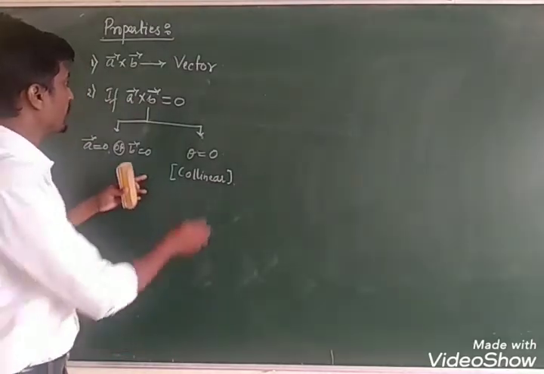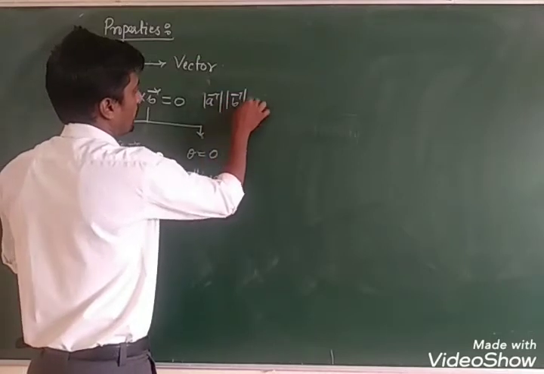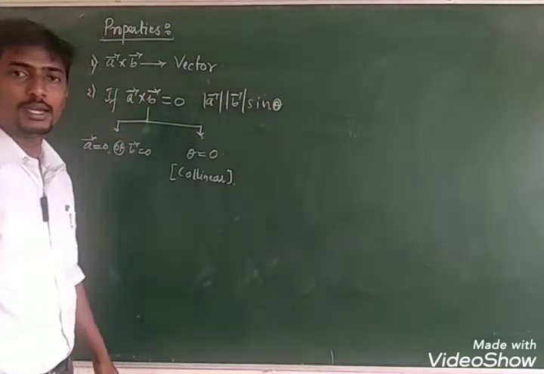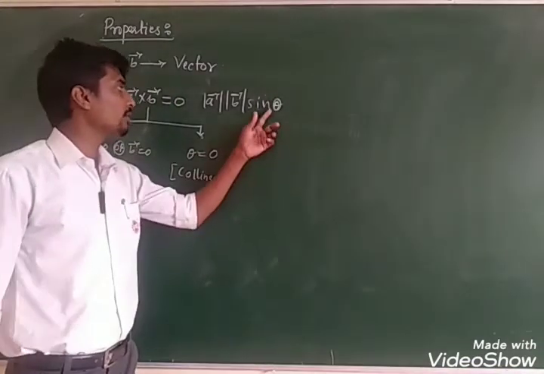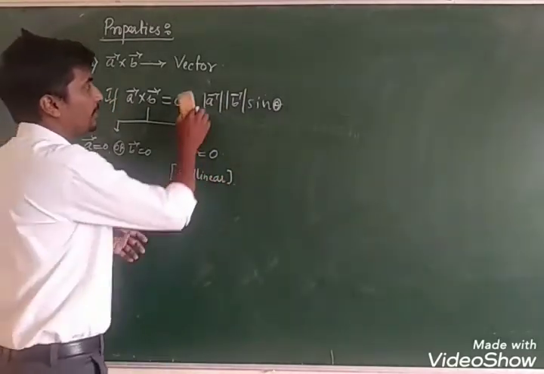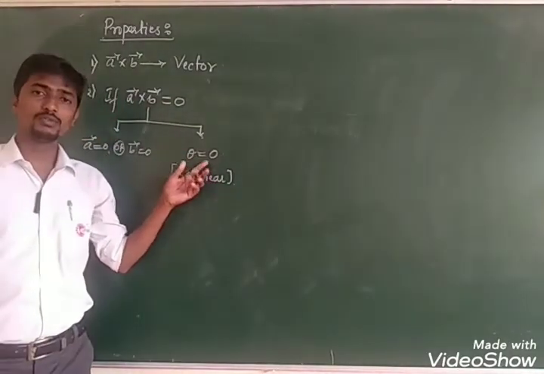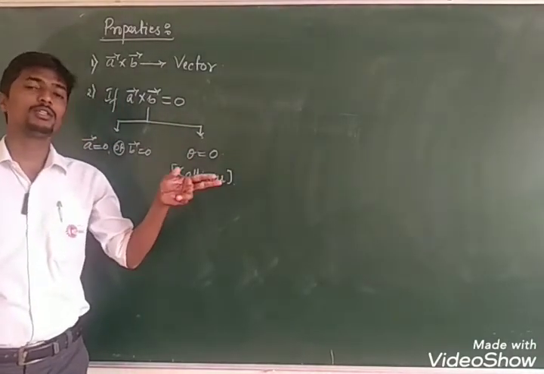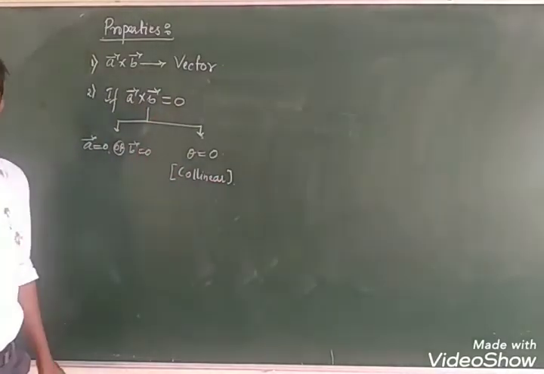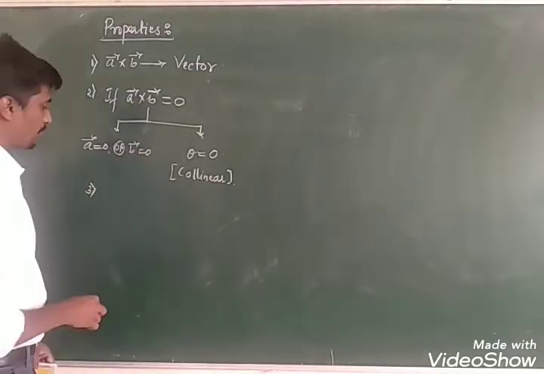Magnitude of A, magnitude of B into sine theta, and sine 0 is 0, so the product is 0. The angle between the two vectors is 0, so they are collinear with each other. That's why the value of A cross B is equal to 0. And property number 3, the third property.